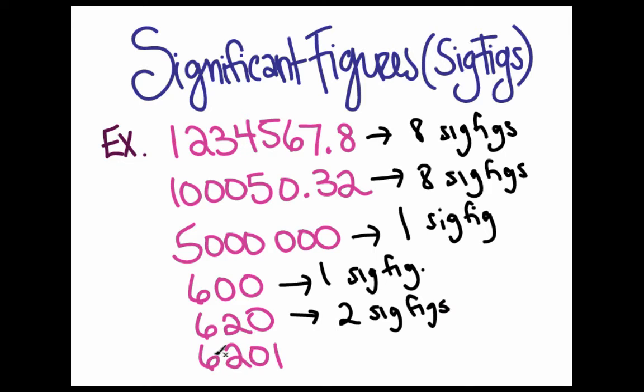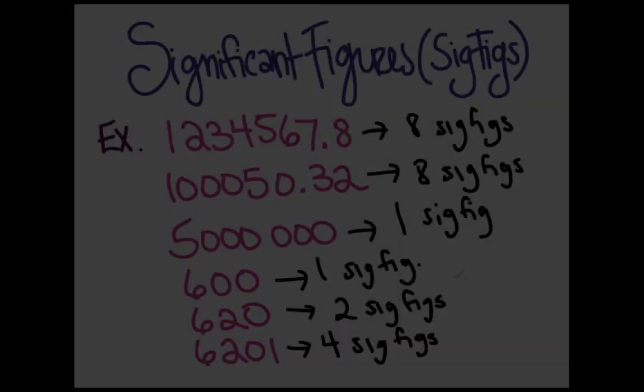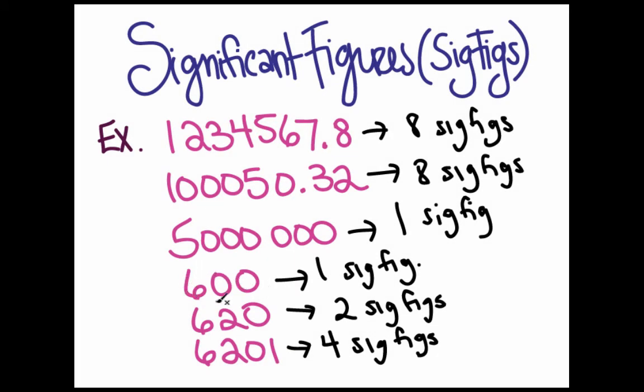And the last one, 6,201, this 0 is considered significant because it's sandwiched between two digits that are between 1 to 9. So that there's 4 sig figs. Say for example, the number 600, say there was a 1 there, and that was 6,001.